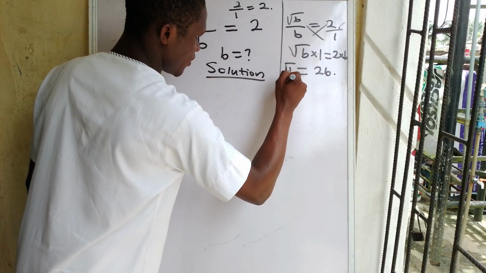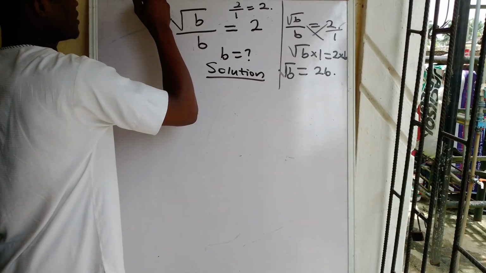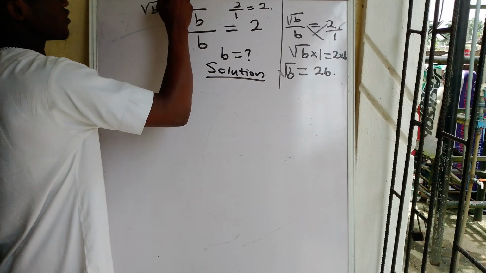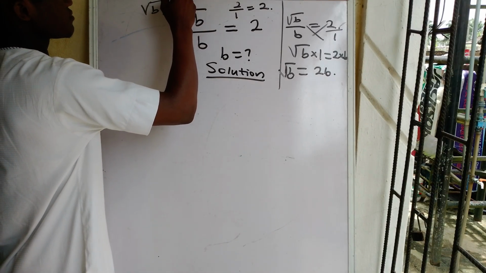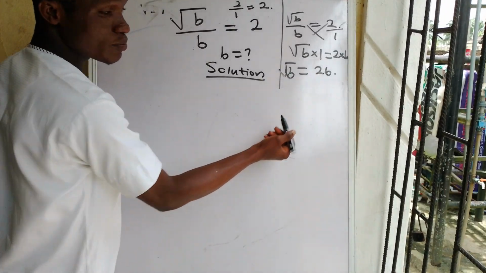Let me write the root b very well, because root b is different from something else. So we're having root b equals 2b, right?